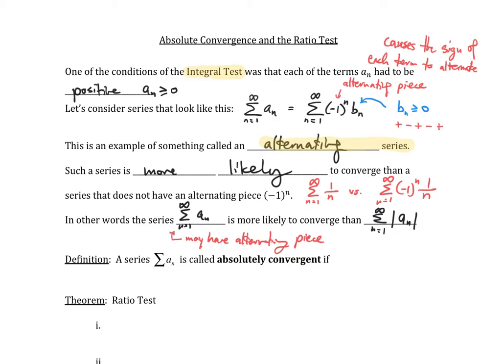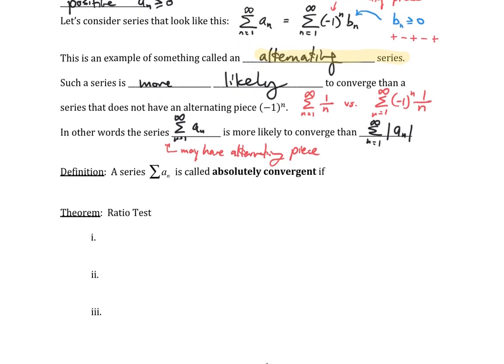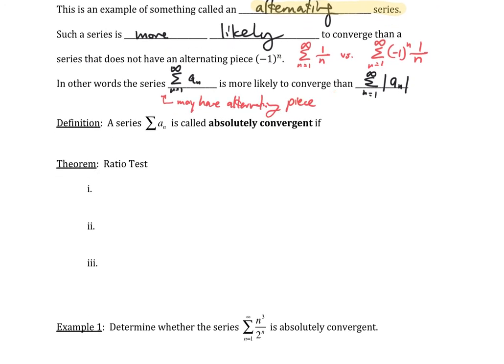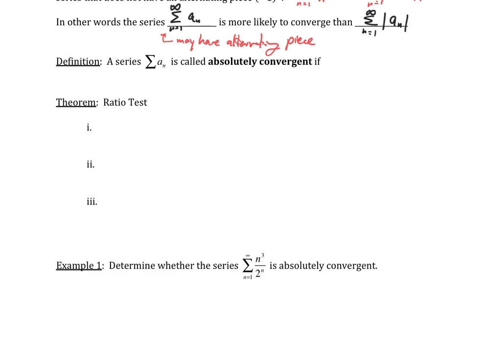Now we're in a position to define what it means for a series to be absolutely convergent. A series summation a_n is called absolutely convergent if the infinite series as n goes from 1 to infinity of the absolute value of a_n converges.